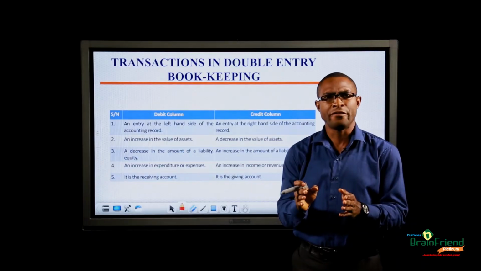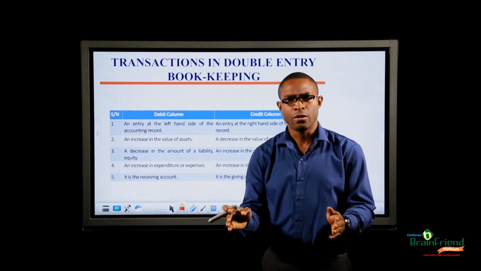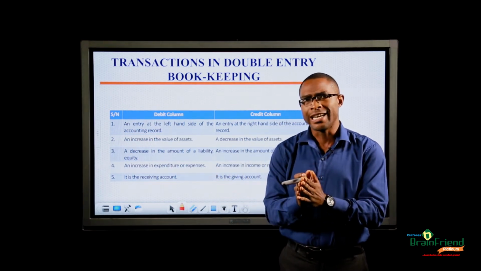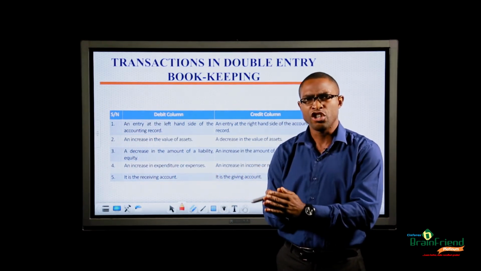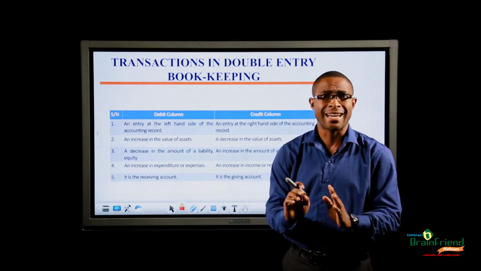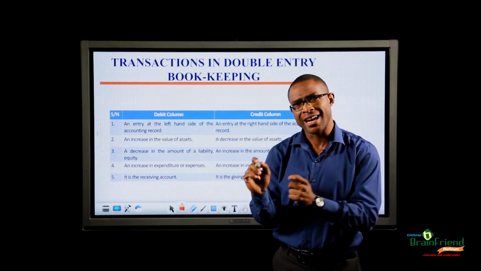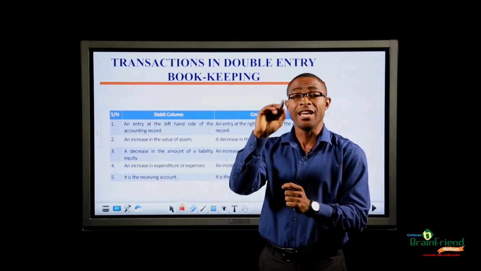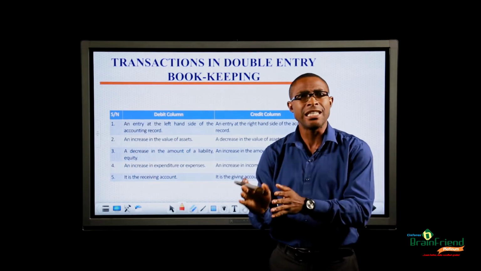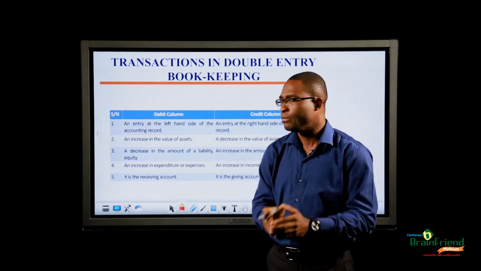So when you have an account record and you check that it is divided into two, know that your debit records should appear at the left-hand side. Sometimes they do not mark them, but some accounting books have DR at the left-hand side to indicate that that is your debit column.